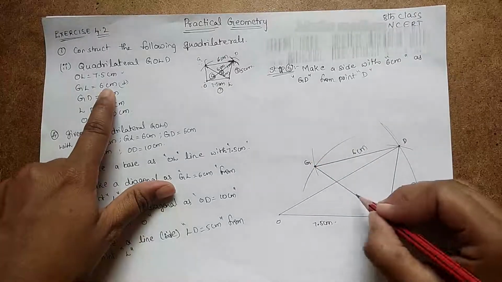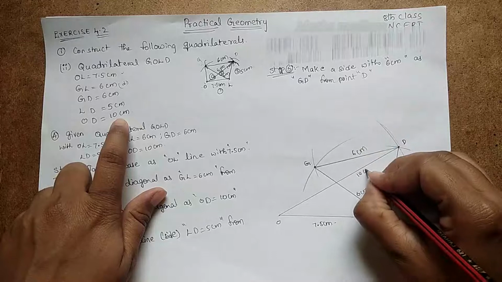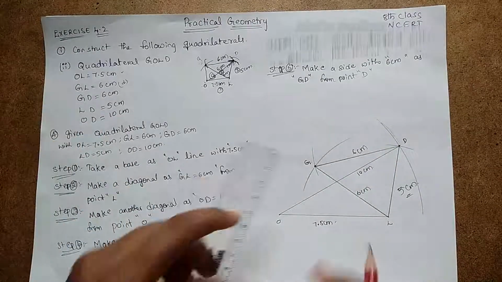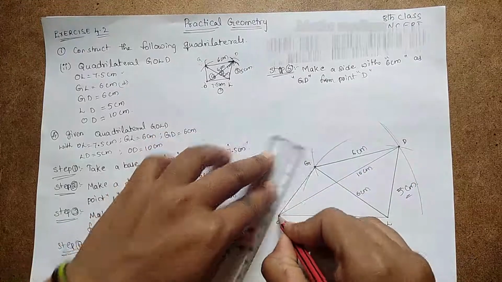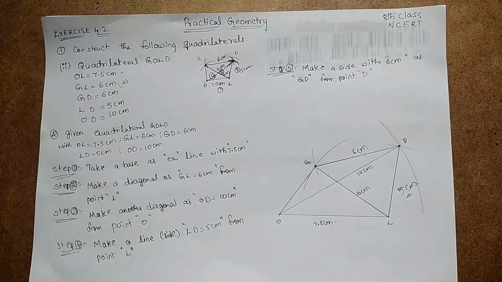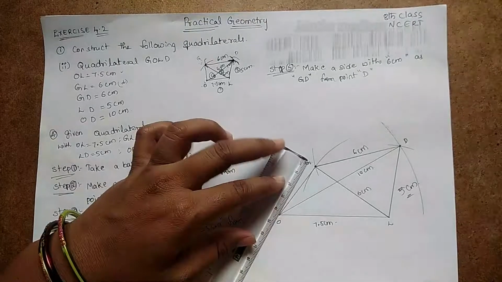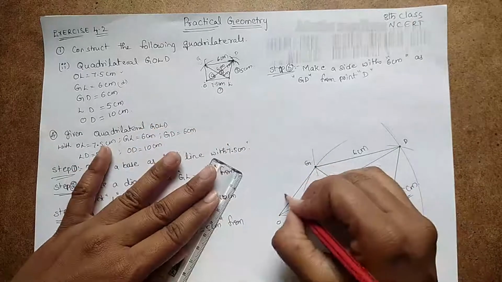GL is 6 centimeters and OD is 10 centimeters. Now finally connect GO. We don't have the GO measurement here, so we cannot state it. If you want to measure this, put a scale and measure, it is 4.4 centimeters.